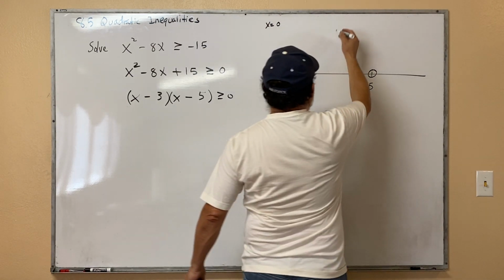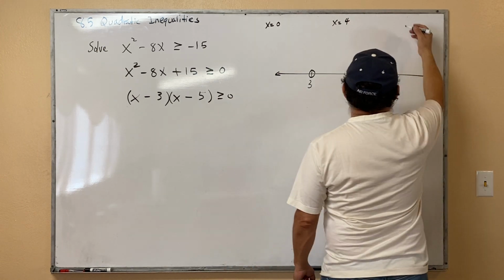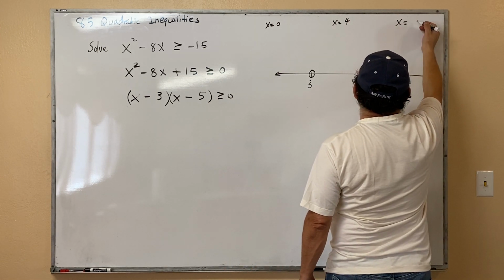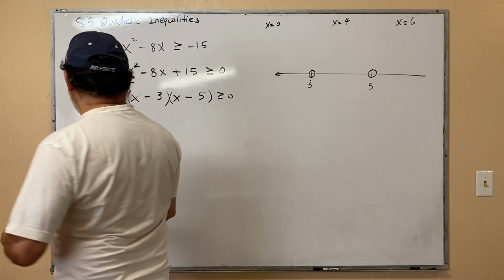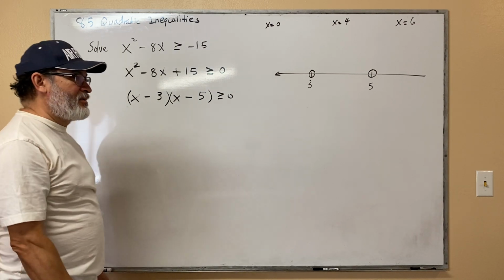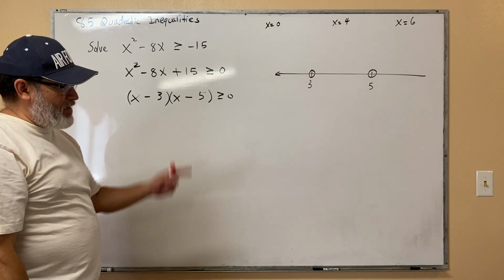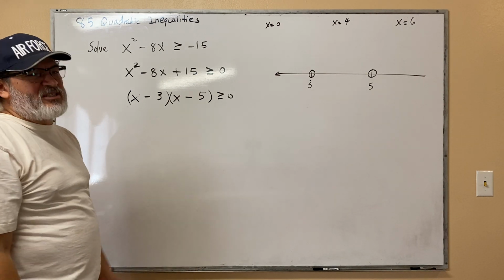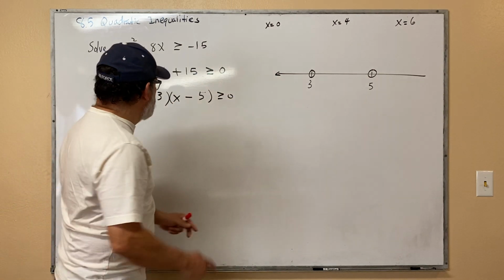From this region, x equals 4. From this region, x equals 6. But since this is a parabola, you're going to realize that most likely it's going to be the middle region. Let's check x equals 0.